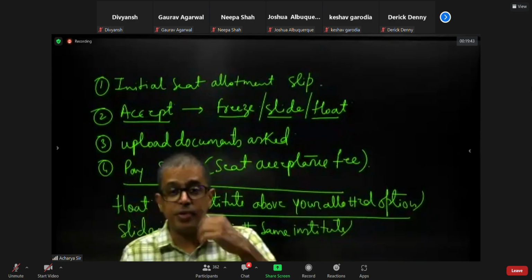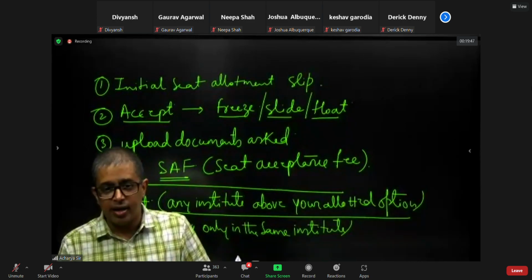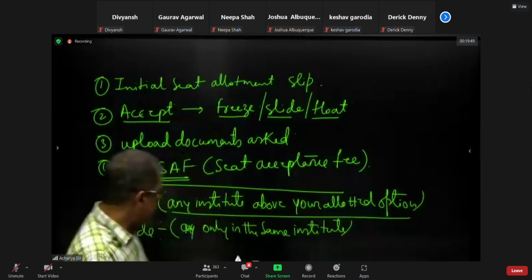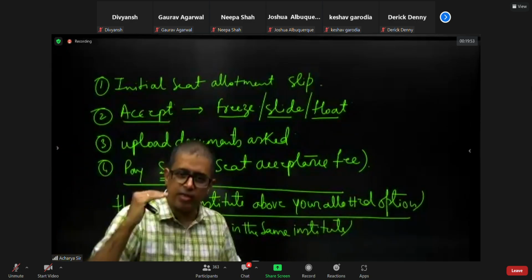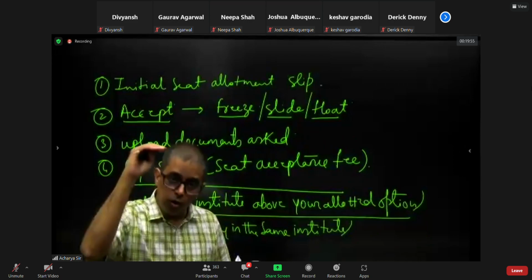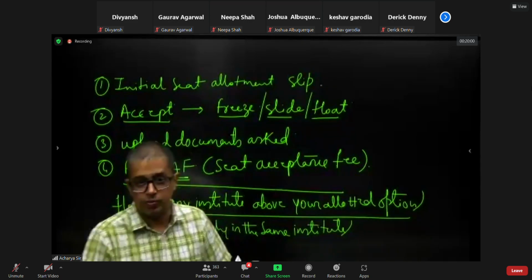If the 11th option is IIT Bombay, suppose I selected IIT Delhi, I got in the first round IIT Delhi, and I select slide, then all options above the option that I have got, but only in the same institute, will be considered in the subsequent rounds.